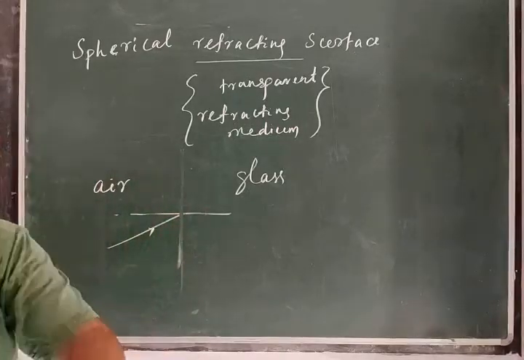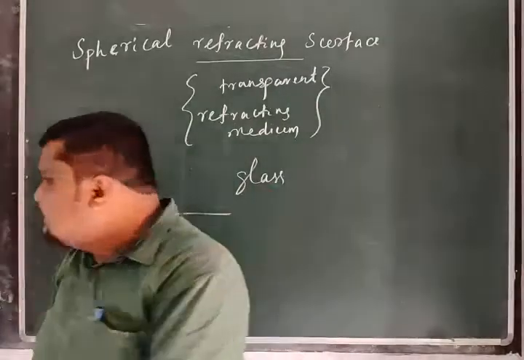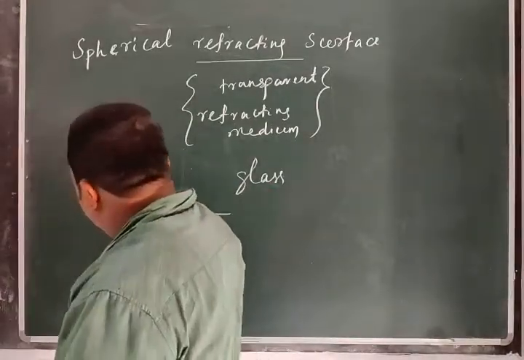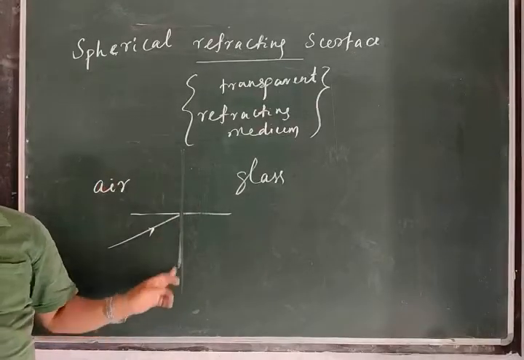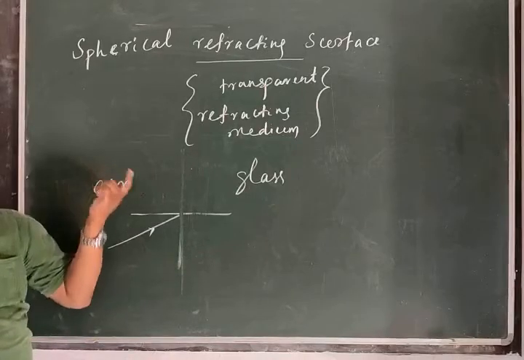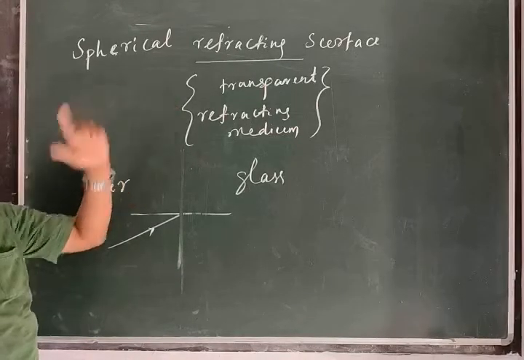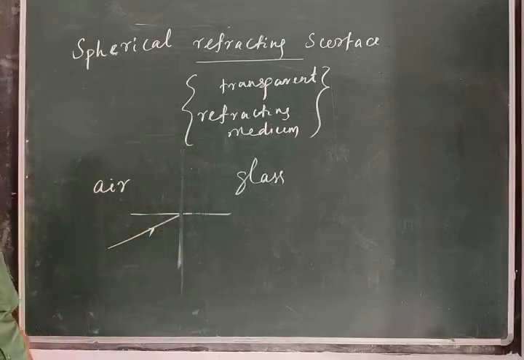That can be known by observing from the rarer side, which is your air medium. If you see from this side and the surface appears convex, then it is a convex refracting surface. If the surface appears concave, then it is called a concave refracting surface.